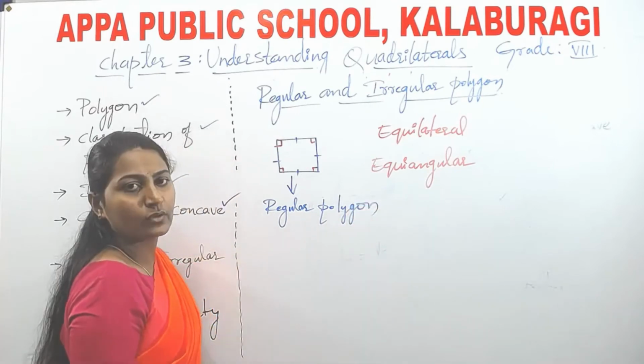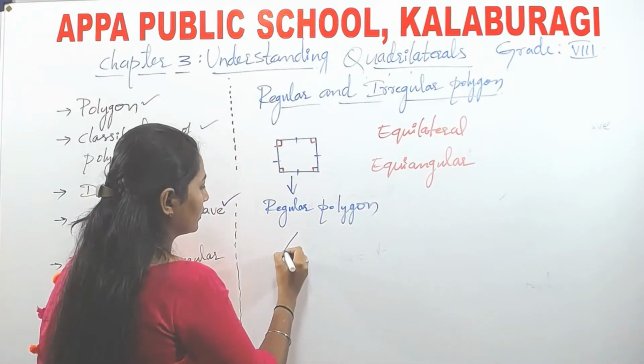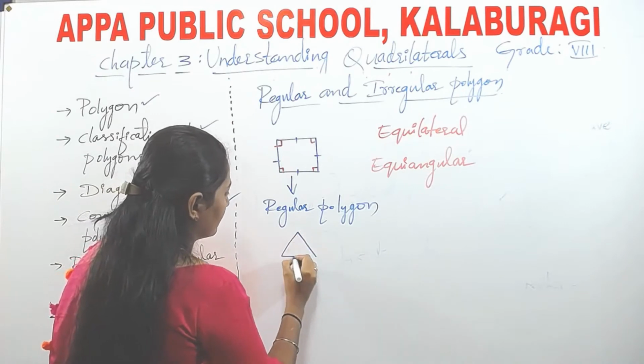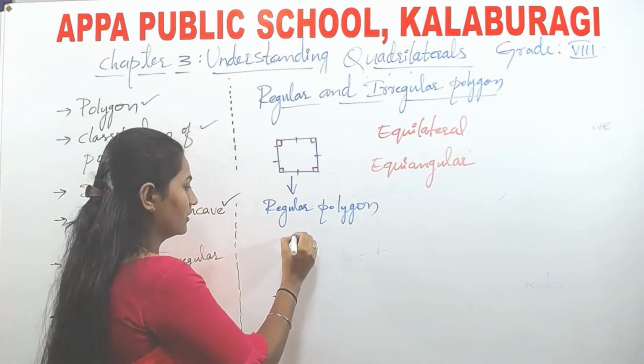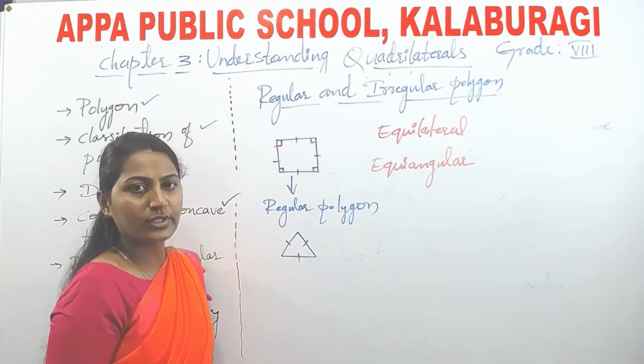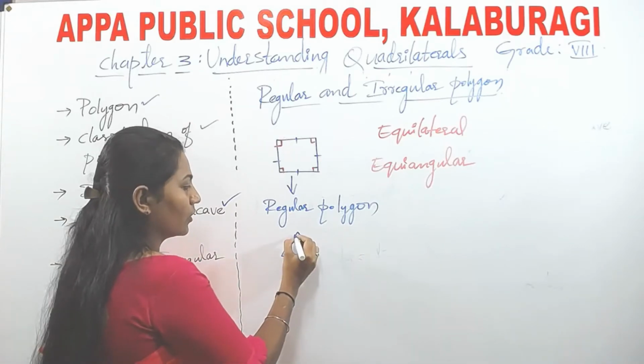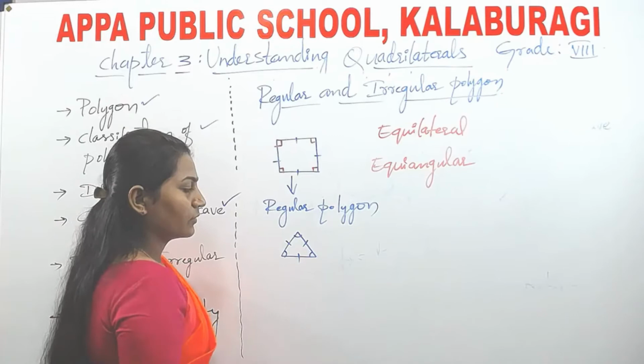Also, an example for a regular polygon could be an equilateral triangle. In an equilateral triangle, you have all the three sides equal in measure, equal in length. Also, three angles equal in measure.